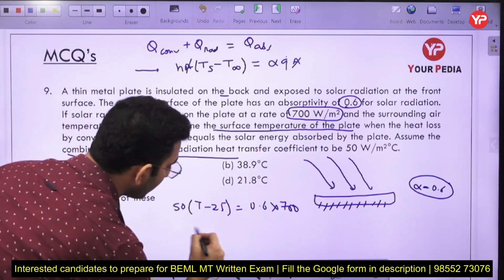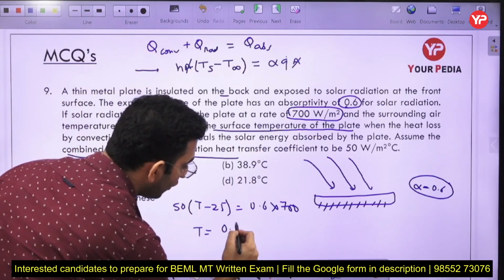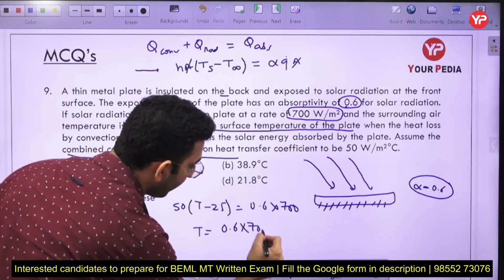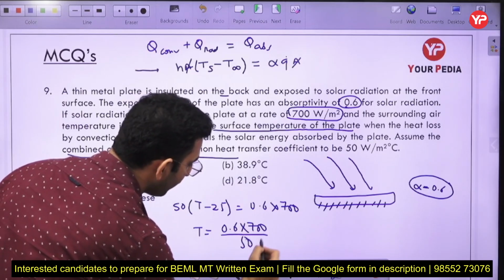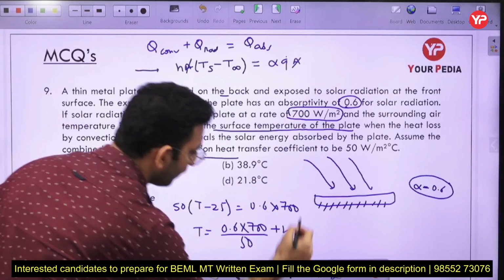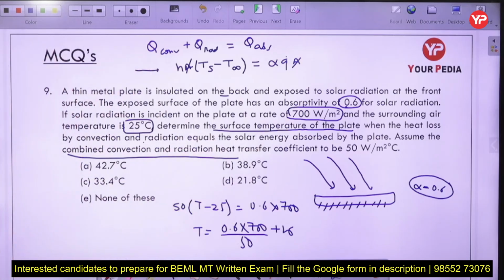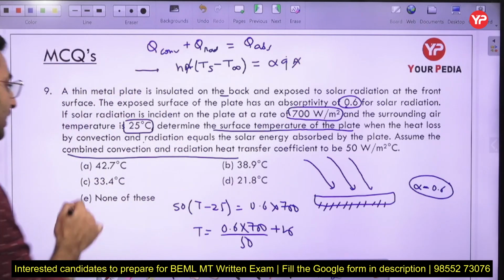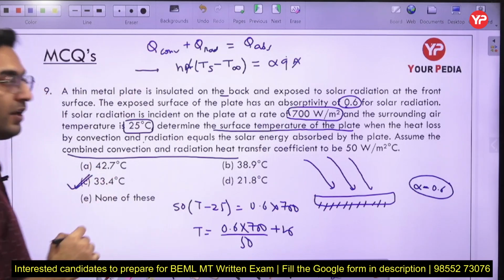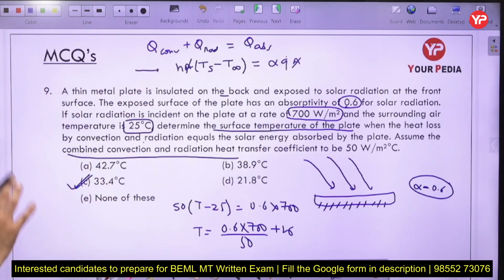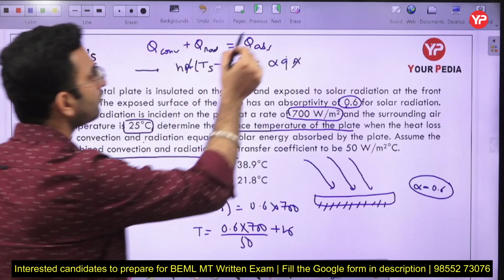So the temperature will be 0.6 multiplied by 700 divided by 50, plus 25. That will be the final expression. If you solve this, you get the final answer as 33.4 degrees Celsius. So that's again a simple case.